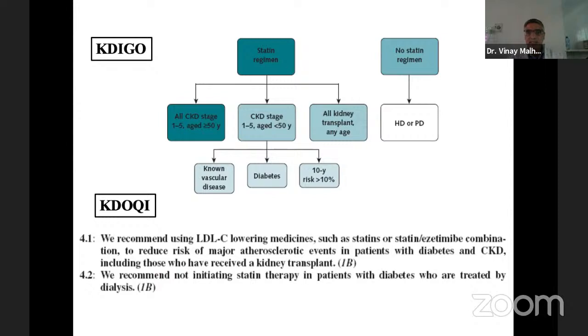So statins can be combined with ezetimibe, but the toxic combination, for example, combination with fibric acid, should be avoided in patients of CKD, and you should use lower doses of statins in patients of CKD.